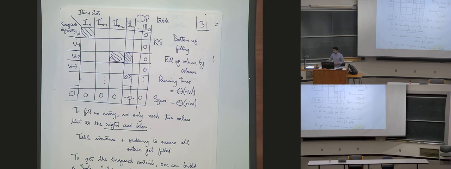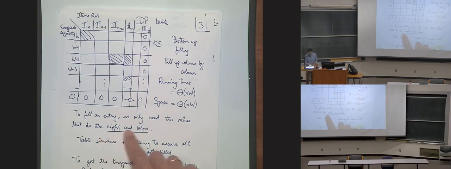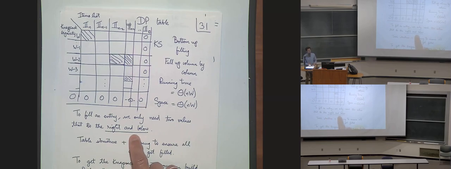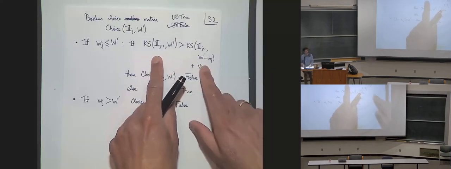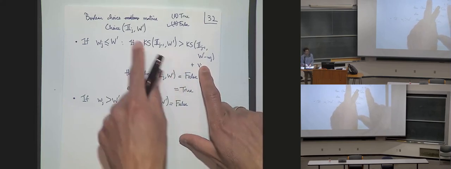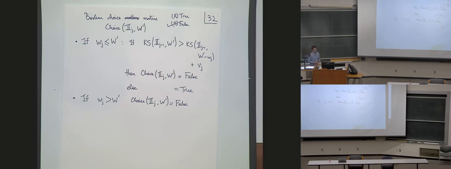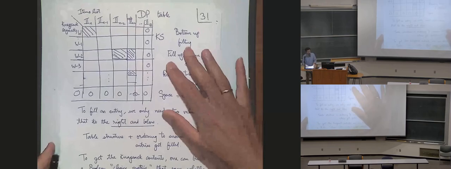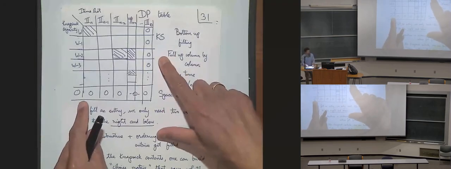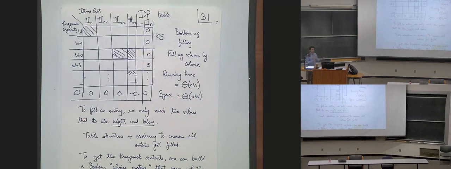Because you'll see that this logic that you only need values to the right and below is still true over here. How you want to implement it exactly, there are options, but the important thing is to know that you're going to construct this table and you're going to fill up the table.